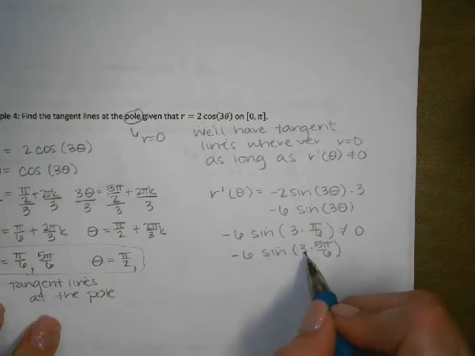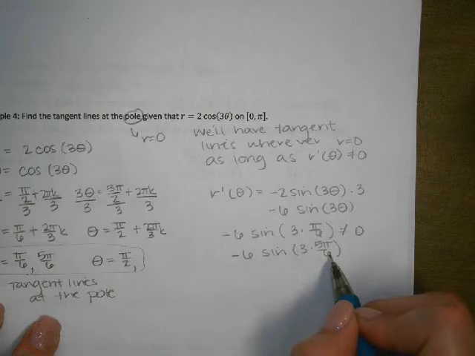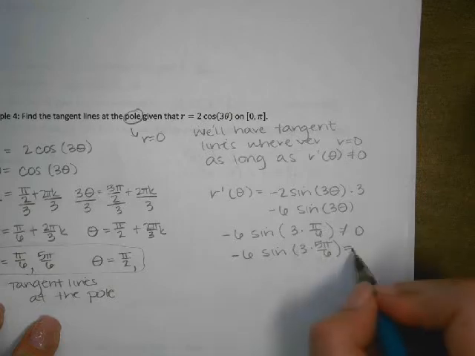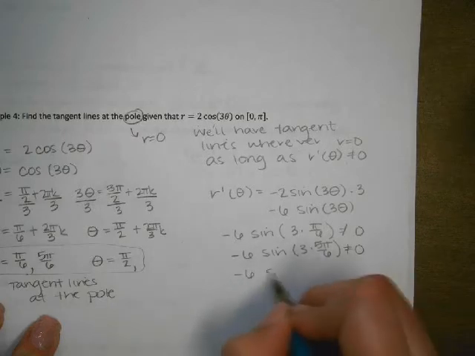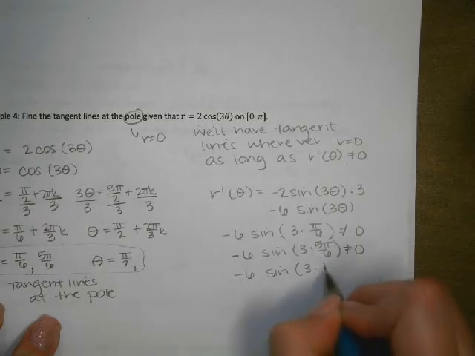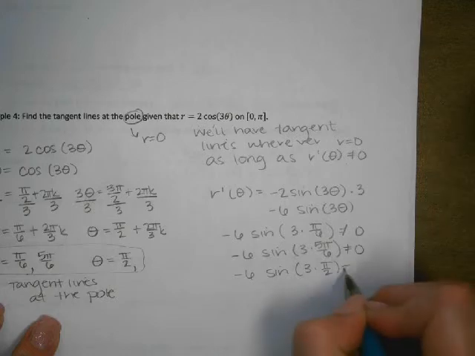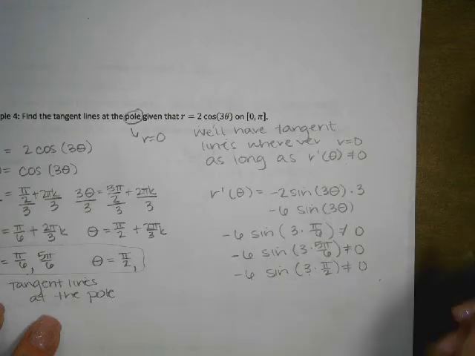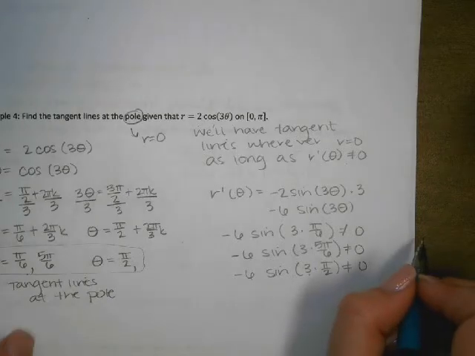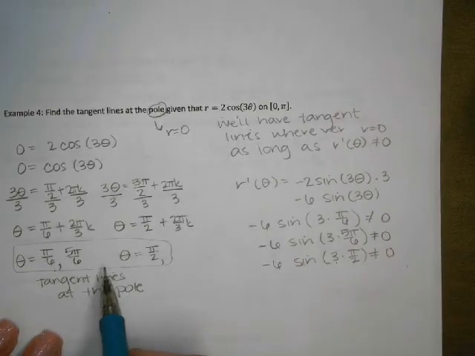That would be 5 pi halves, which is coterminal to pi halves, so again, that doesn't equal 0. Negative 6 sine of 3 times pi halves. Sine of 3 pi halves is negative 1, so negative 1 times negative 6 is positive 6, so that does not equal 0. So that means that all three of these answers are good.